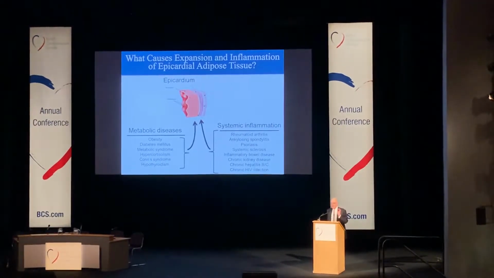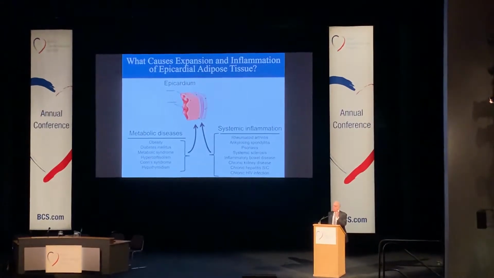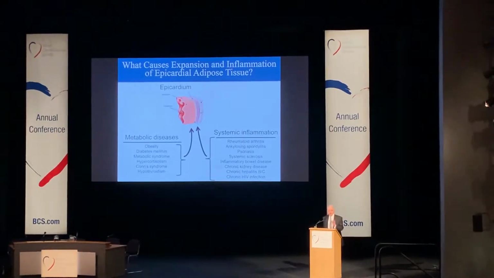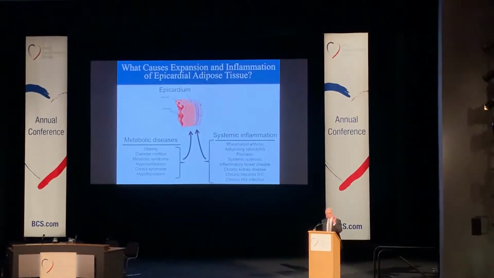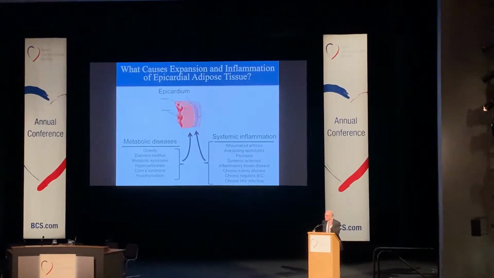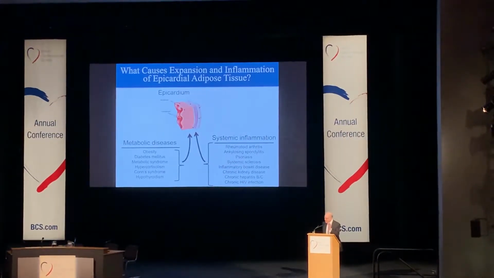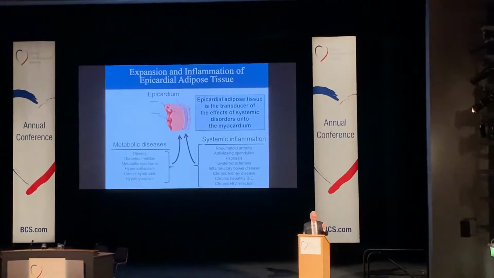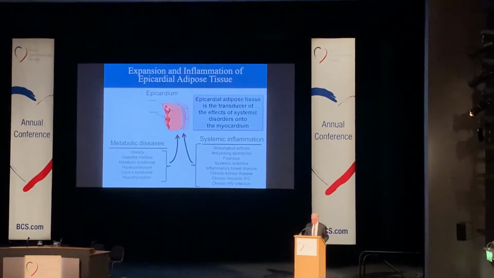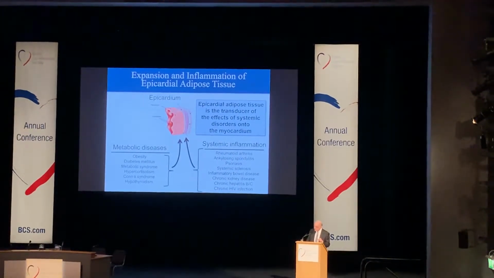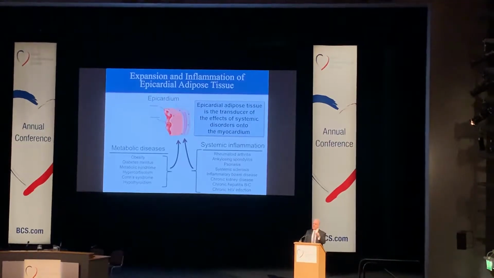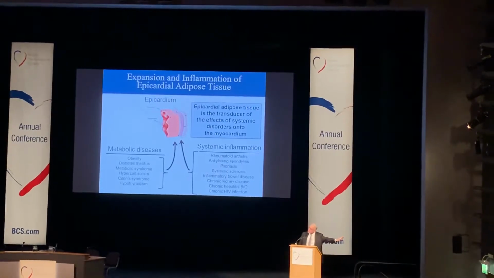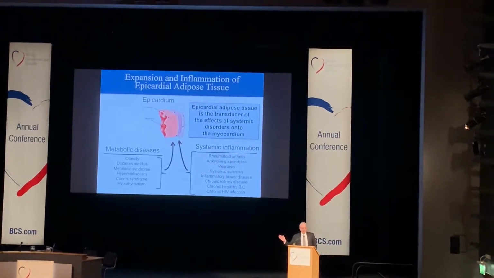And the essence of it is that the reason that all of these disorders injure the heart is because they injure the epicardium. They activate its biology, and the epicardium, specifically epicardial adipose tissue, becomes the transducer of the effects of systemic disorders onto the myocardium, whether they are metabolic disorders or they're systemic inflammatory disorders.